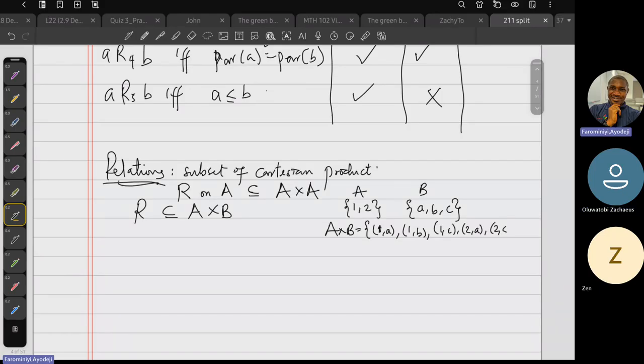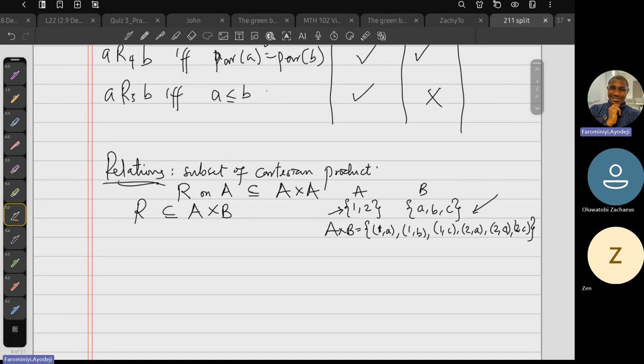Good. So any subset of this is a relation, and a function is putting a restriction on that subset. So that is a relation, and this is a very simple example. The sets themselves can be very large.